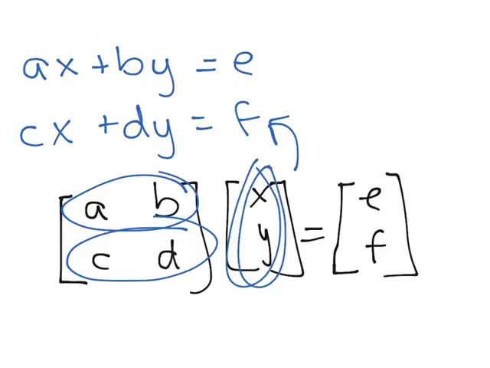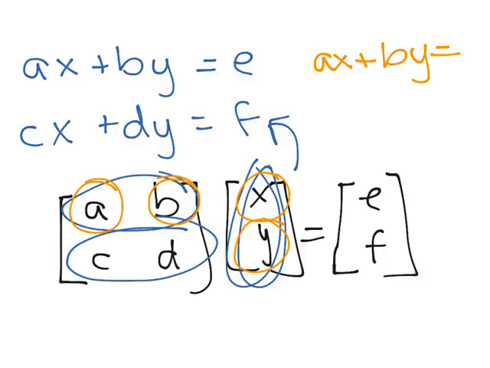So you have your first element right here times your first element of the column, so that's ax, and then you add it to the second element of the row times the second element of the column, by, and here we have the equal sign.